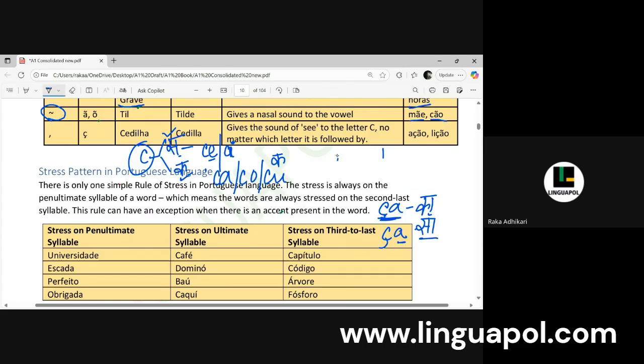If I'm using this combination of CA in any word, then the sound should be ka, according to our rule. But if I want the sound of sa and I want to keep it as CA, then I will use an accent under C. And if I use the accent and then use the letter A, O, or U, whatever letter I use, the sound will remain as sa. It will not be ka anymore. It will become sa. Clear?